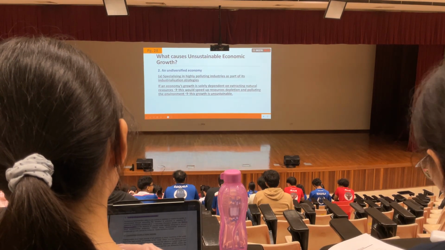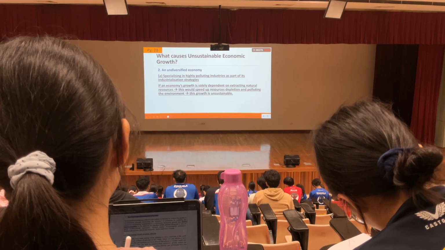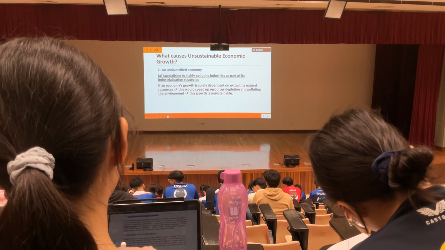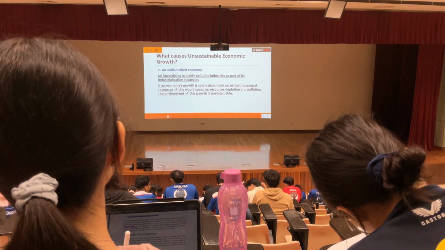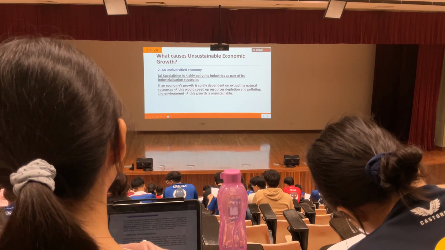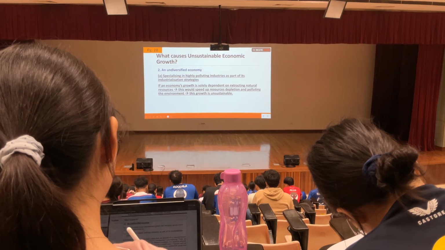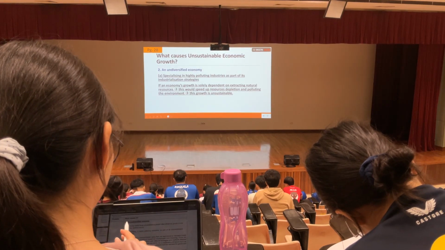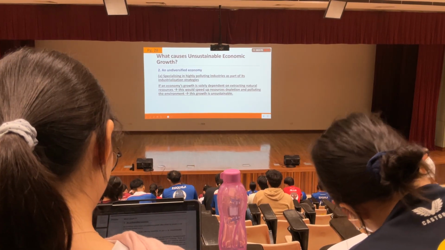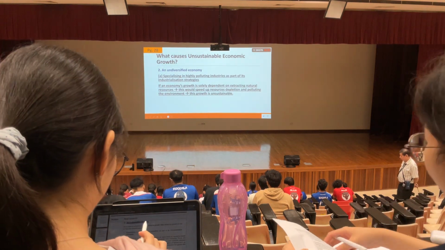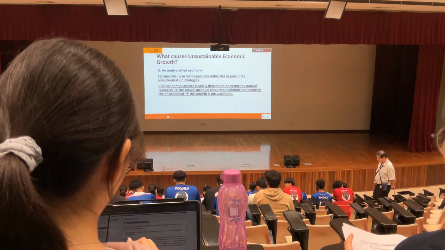Okay? So next, another cause would be an undiversified economy. For example, if the economic growth is solely dependent on extracting natural resources, then this would speed up resource depletion and pollute the environment.